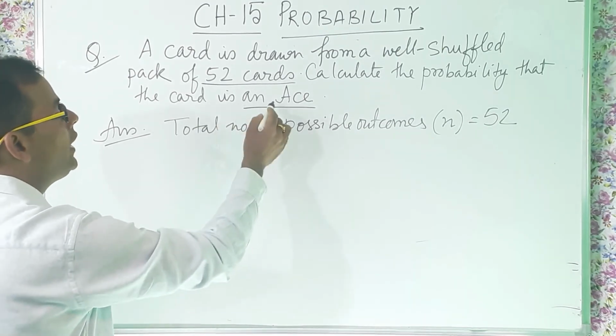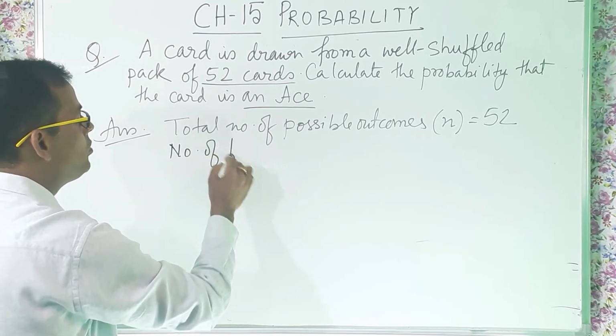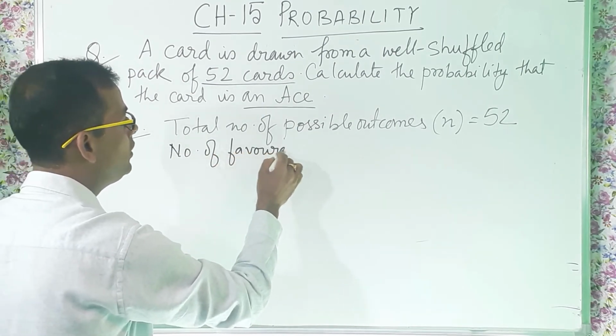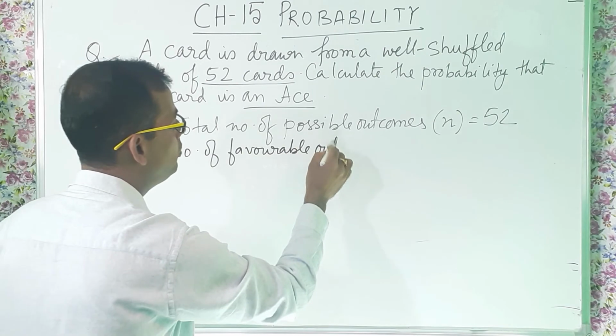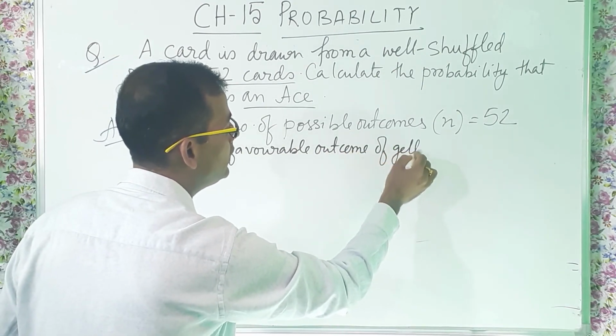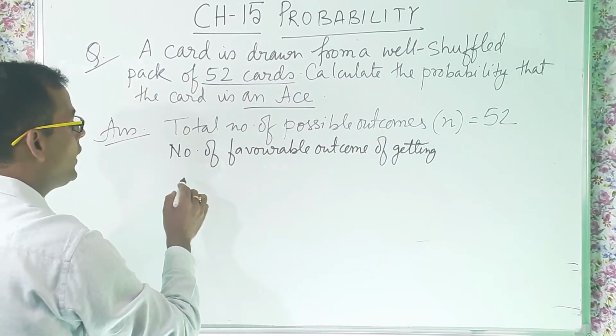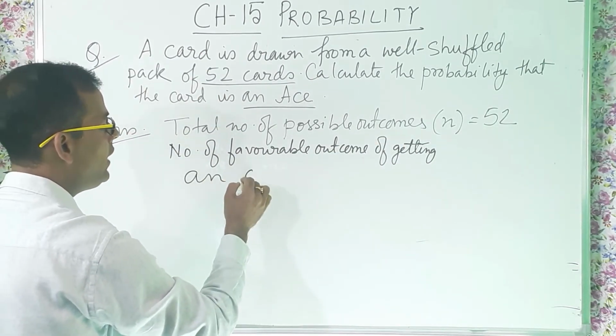Now what are they asking about? Ace. So number of favorable outcomes of getting, then I told dot dot dot. So here, of getting an ace.